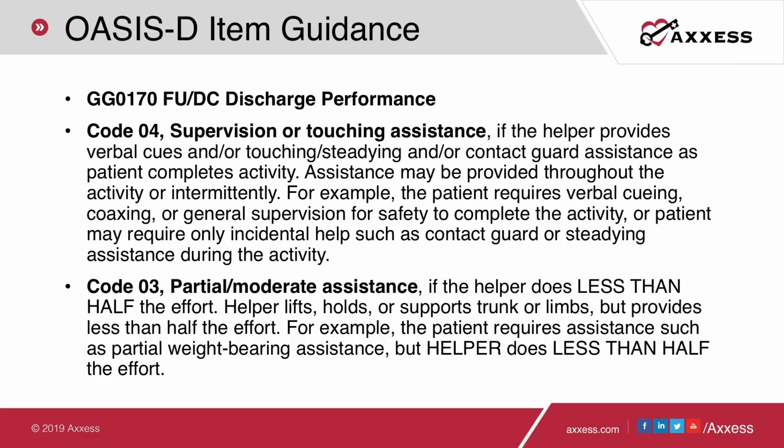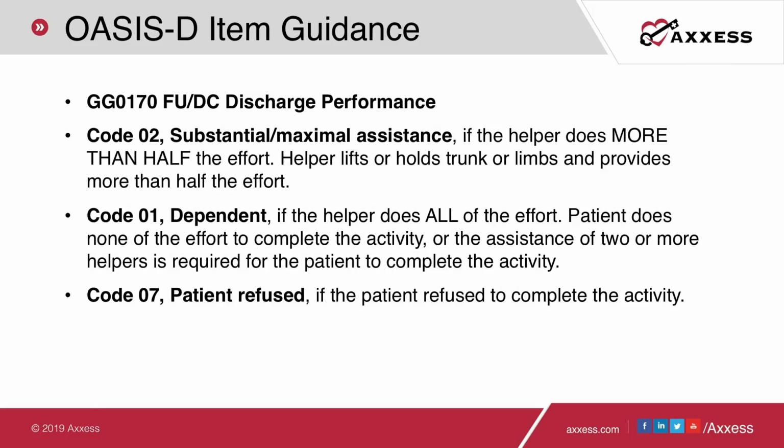Code number 3, partial moderate assistance, means the helper does less than half the effort. The helper would hold or lift or support trunk or limbs, but they provide less than half the effort. For example, the patient might require partial weight-bearing assistance, but again, that helper is only doing less than half the effort. Number 2, substantial maximal assistance, is appropriate if the helper does more than half.